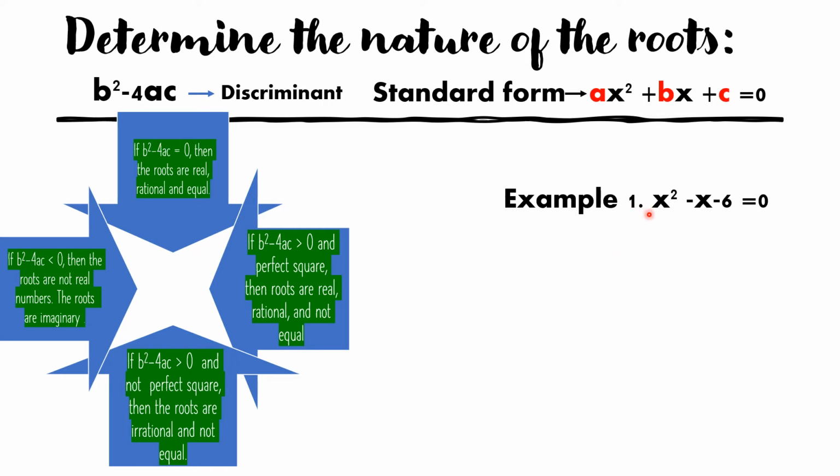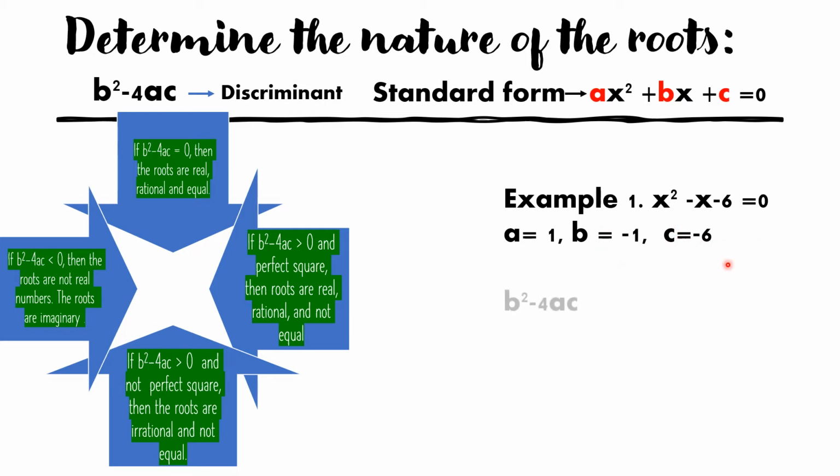I have here example number 1, x squared minus x minus 6 is equal to 0. First, you need to rearrange the quadratic equation in standard form, but this one is already in standard form. So next I'm going to determine the values of a, b, and c. So a is 1, b is negative 1, and c is negative 6.